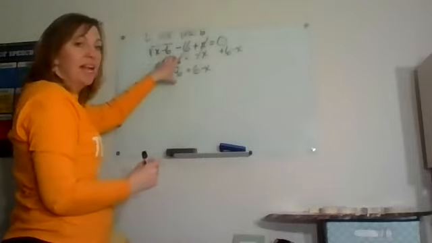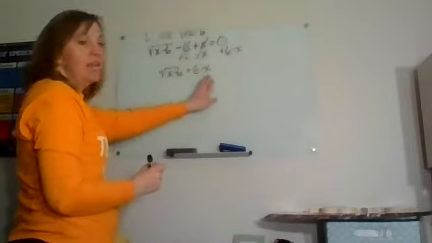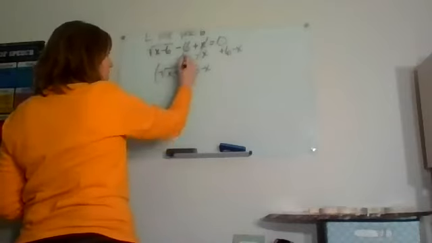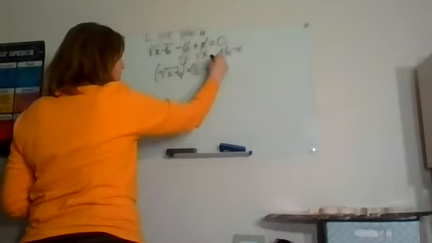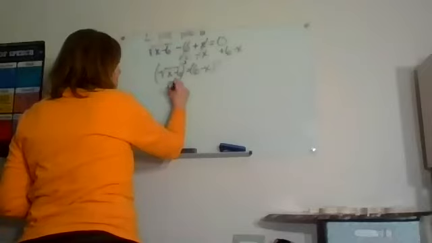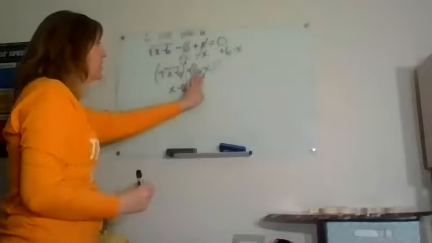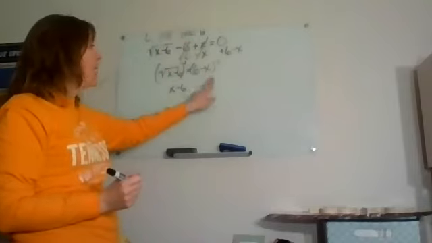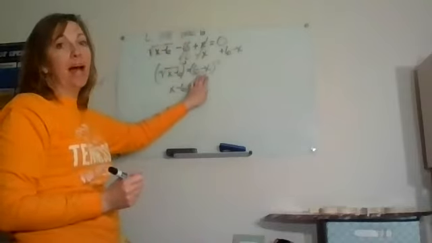Now I've isolated the radical and I've got it set equal to something else. So how do I solve this? Well, I do the inverse operation, just like always. So that means I have to square both sides. So if I square this, this is x minus 6. The dilemma here is, unlike practice A, practice B is a binomial.